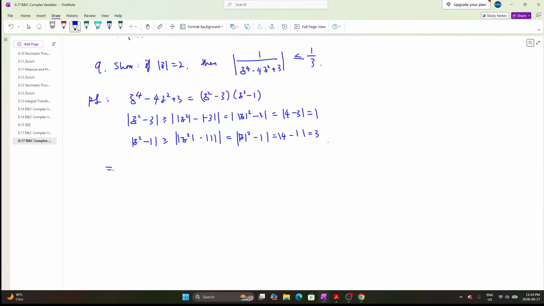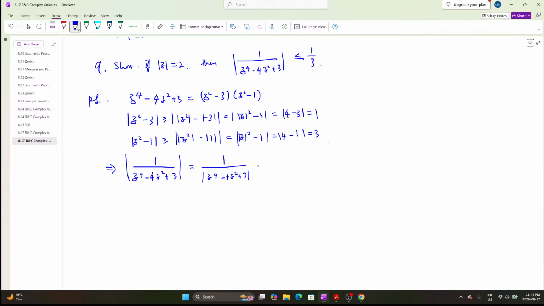So here, therefore, you have 1 over the modulus of z to the fourth minus 4z squared plus 3, this is equal to 1 over the modulus of z to the fourth minus 4z squared plus 3.